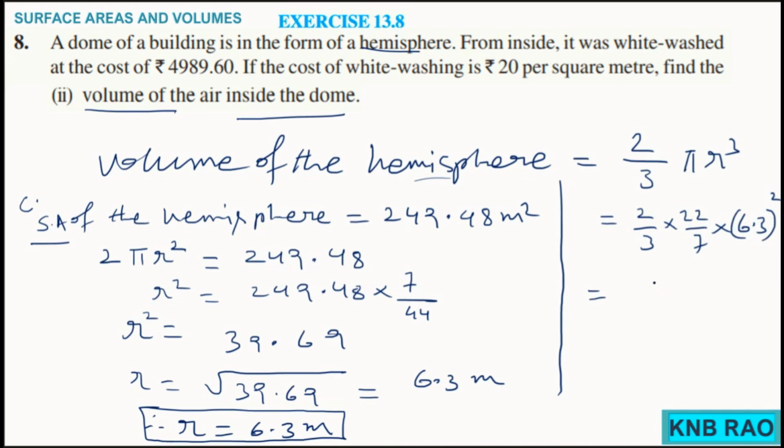You simplify, you get 523.908 meter cube. This much is the volume. Okay, approximately we will have this much volume.